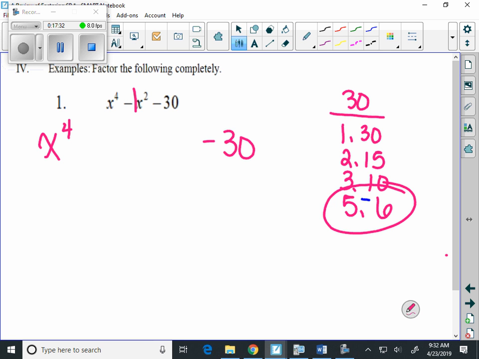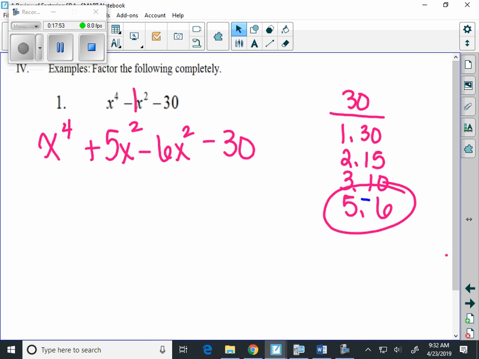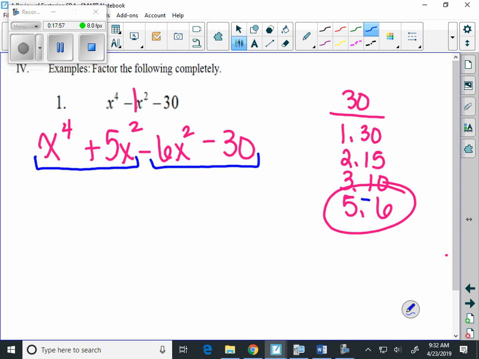And now, when we split the middle here, it's going to be plus 5x squared, because our middle term is a square. And it's going to be minus 6x squared, because the middle term is an x squared. But then everything else is going to be the same. Here's our group. There's another group. Watch out for that minus sign.